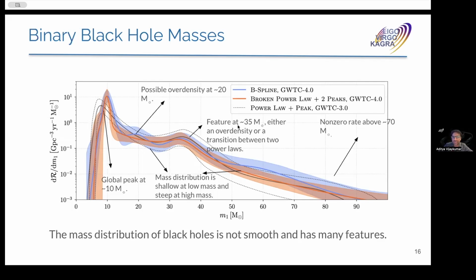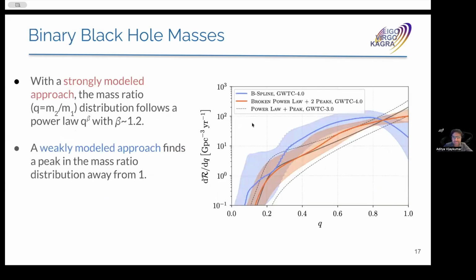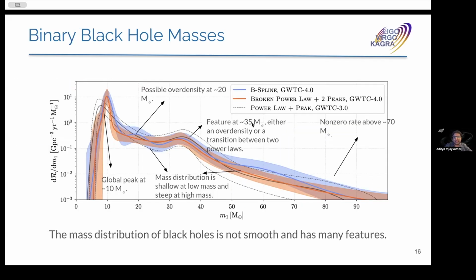There is a feature at about 35 solar masses, and this is either an overdensity or a peak in the mass distribution, or it's just a transition point between the shallow and steep features at low and high mass respectively. So it's something like a break point between these two power law-like features.